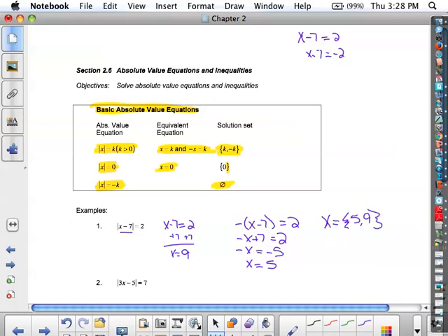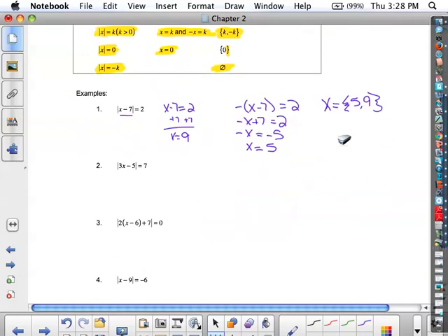Okay. The next one, the absolute value of 3x minus 5 is equal to 7. So again, 3x minus 5 is equal to 7, and then the opposite, minus (3x minus 5) is equal to 7. Remember to use the parentheses and distribute that negative sign.